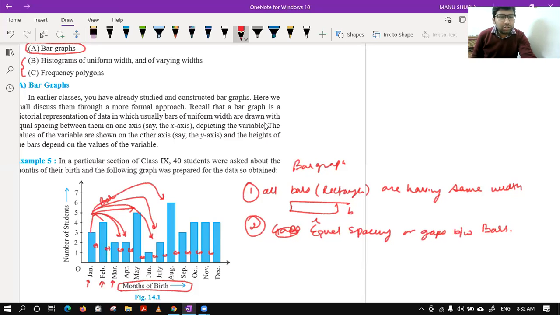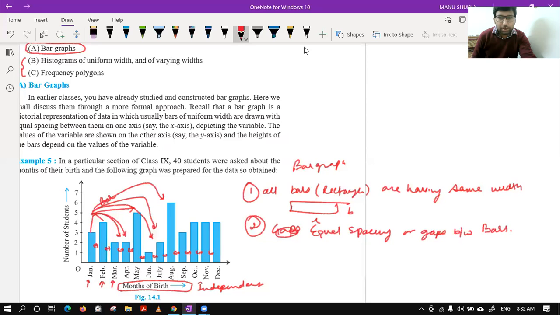So conventionally we take the independent part on x-axis, but this is not fixed. If you want, you can take these months on y-axis also, but normally we try to take the x-axis as the independent one and the y-axis as the dependent one.